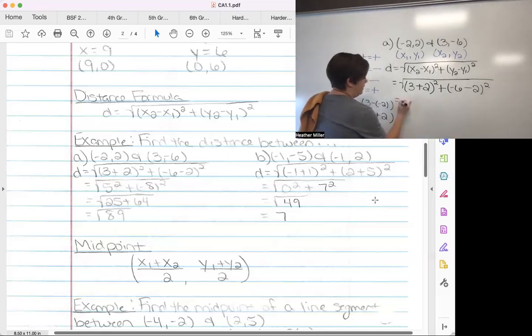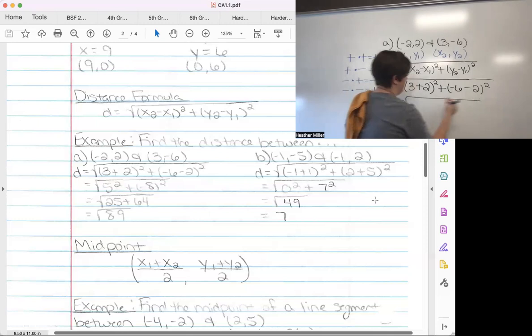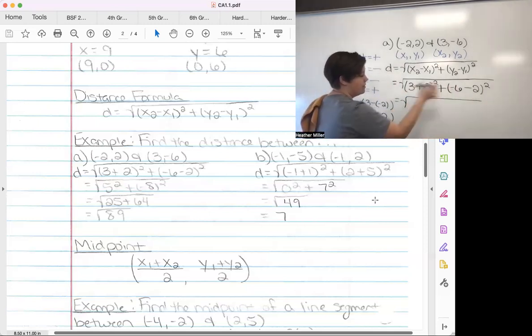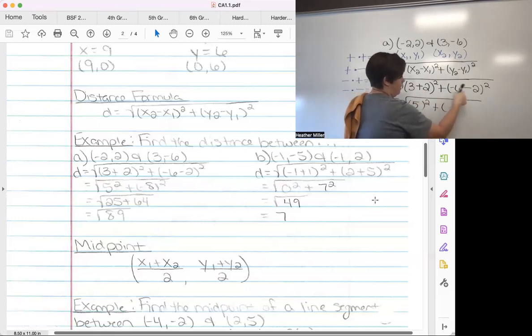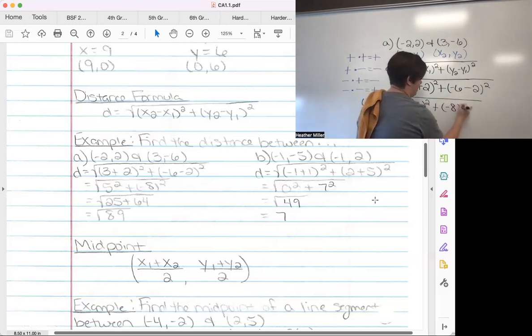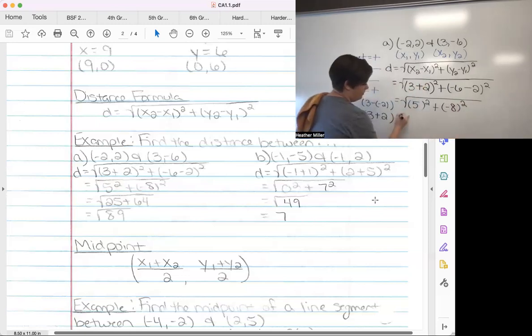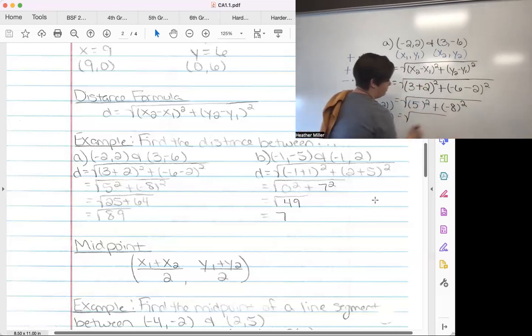Okay, so going back up here, I'm now going to work what's inside of my parentheses. 3 plus 2 is 5. And then I have -6 minus 2 is a -8. 5 squared is 25 plus -8 squared.